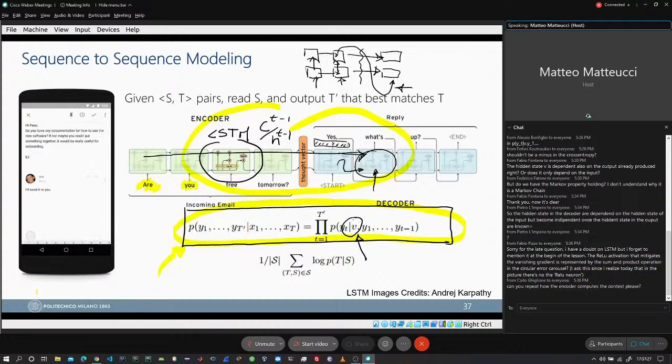This context, which is this orange block, is the result of the state of your LSTM after having received the entire sequence.